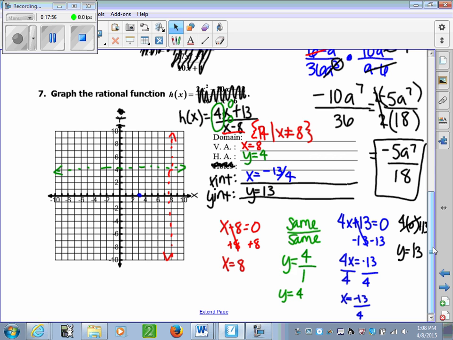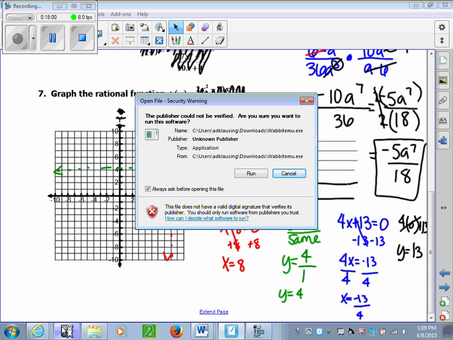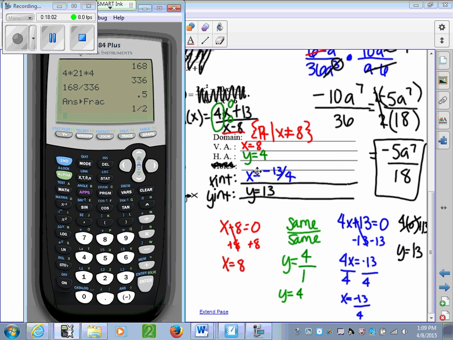Alright, so then to actually draw this graph, I'm going to go ahead and go to my calculator. Go to y equals. And remember to get the fraction, I'm going to do alpha y equals. Maybe this calculator may not work. Alright, so this one won't work.